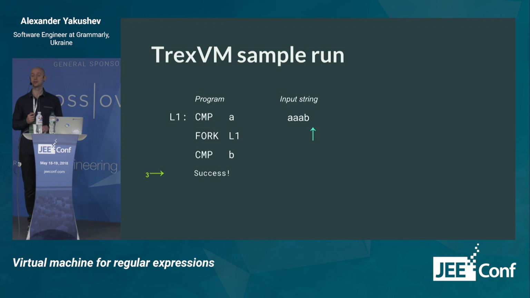Can anyone guess what sort of regular expression we just ran? It's actually a very simple regular expression. A plus B, yes, not A star B, because there is 1 obligatory match here, right? So that's true, that was A plus B, very good.